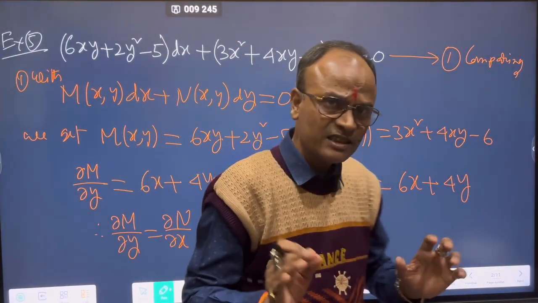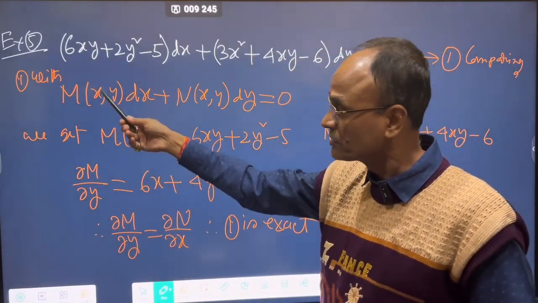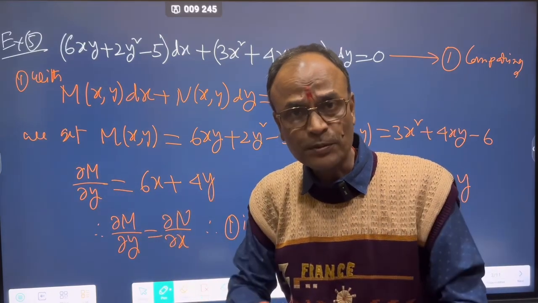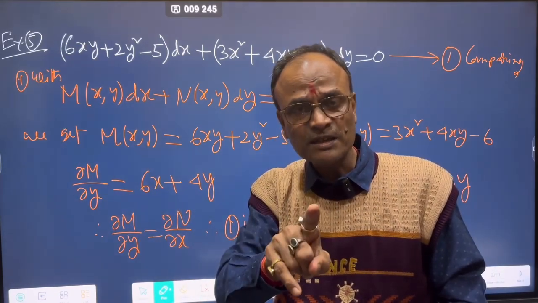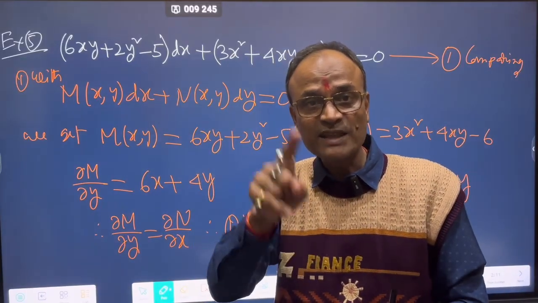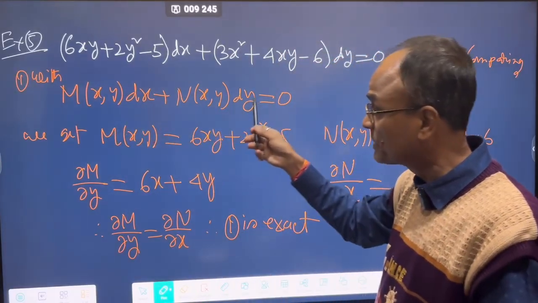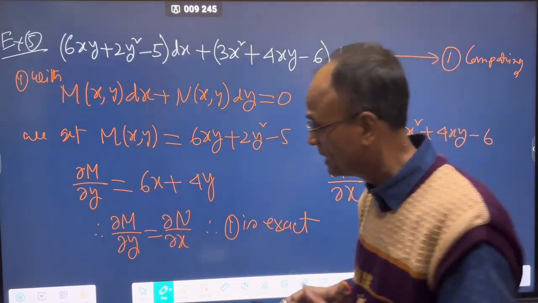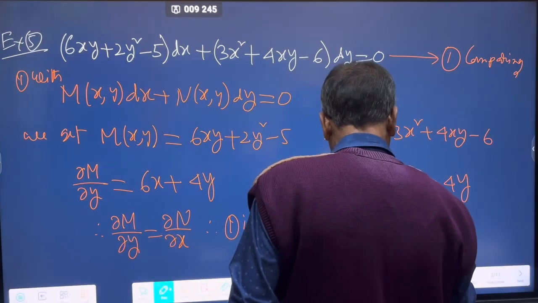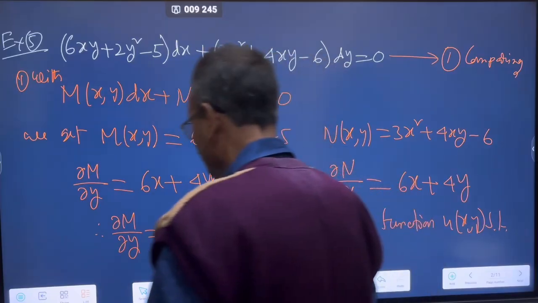Since 1 is exact, the equation M dx plus N dy equal to 0 is said to be exact if there exists a function u of x and y such that M dx plus N dy is equal to du, which means it becomes a perfect differential.